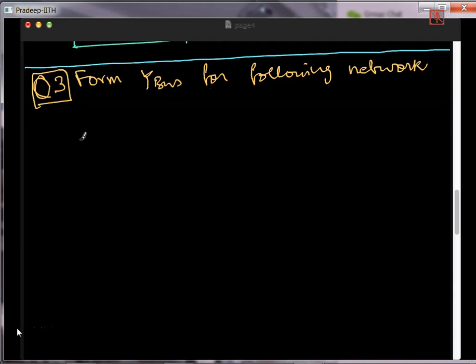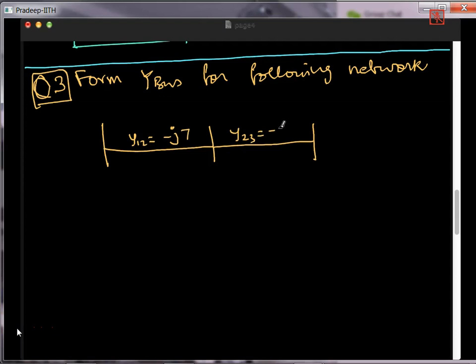So the system is like this. So here Y12 equal to minus J7, Y23 equal to minus J10. So this is bus 1, this is bus 2 and this is bus 3.